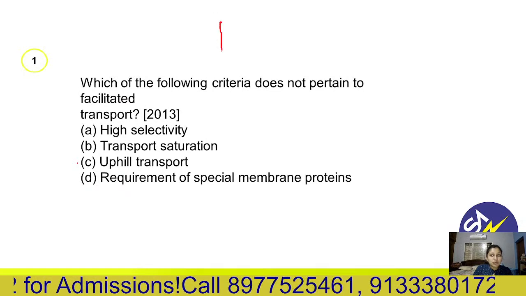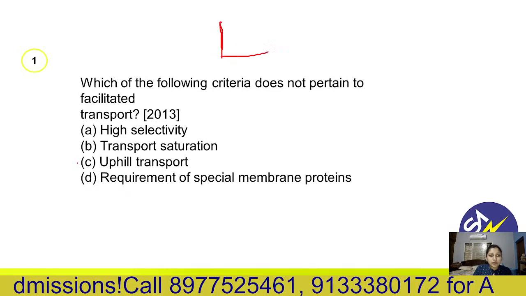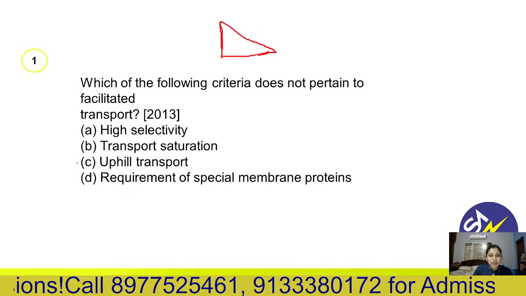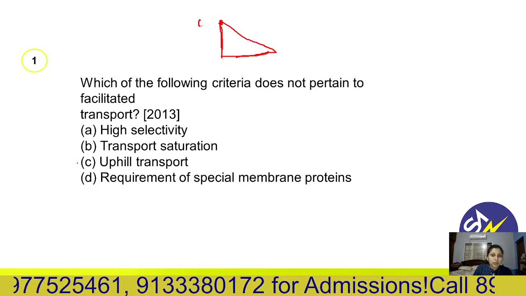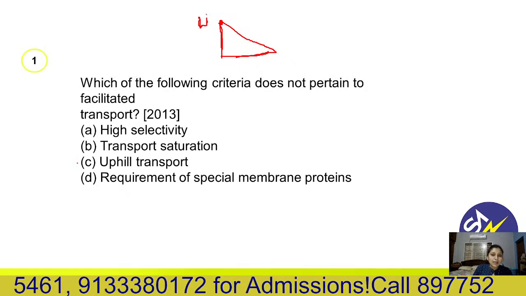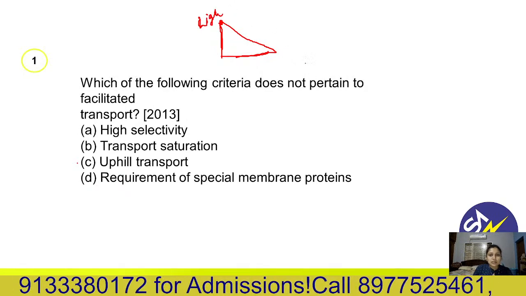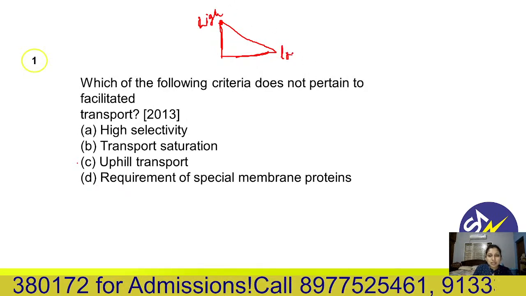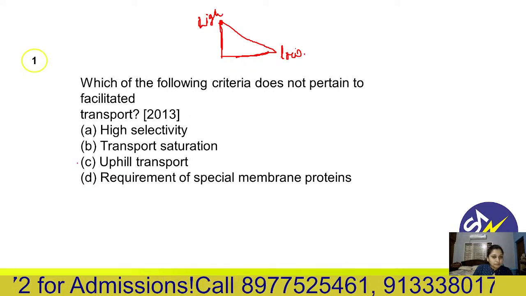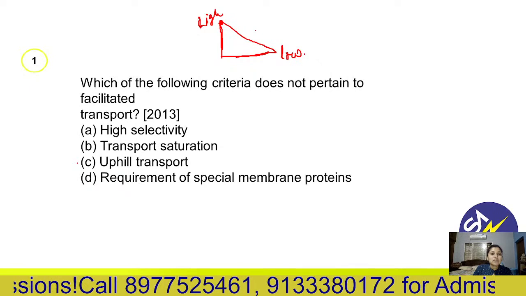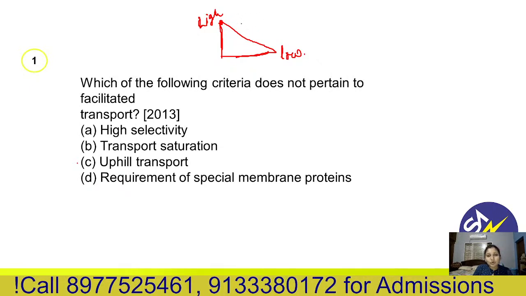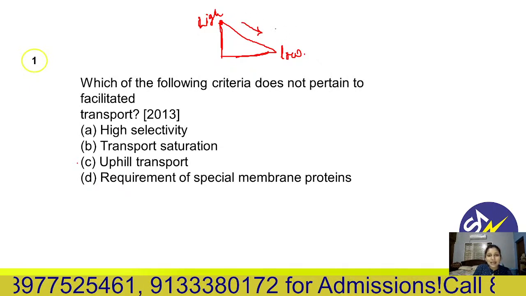So you might be knowing that, for example, if I want to draw a triangle of concentration, then this is a peak, which is known as a high concentration point, and here the concentration is low. So if anything is transported from high concentration to low concentration, that is known as a downhill process.